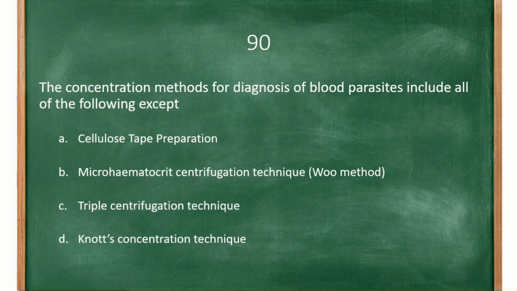Okay, then question 90. It says that the concentration method for diagnosis of blood parasites includes all the following except A, cellophane tape preparation, B, microhematocrit centrifugation technique, that's the Woo method, C, triple centrifugation technique, and D, the Knott concentration technique.